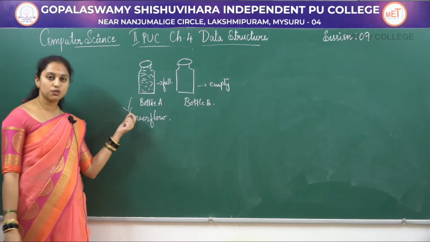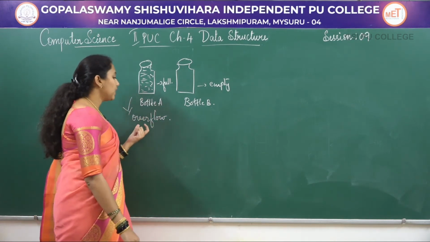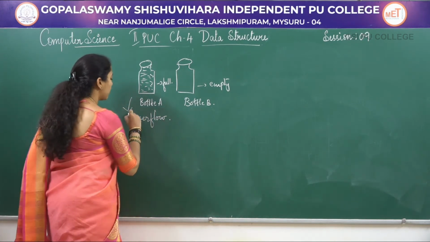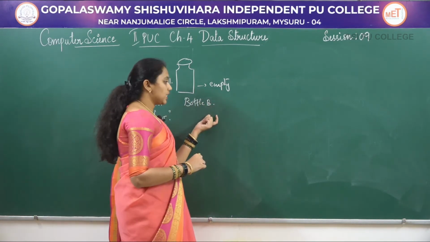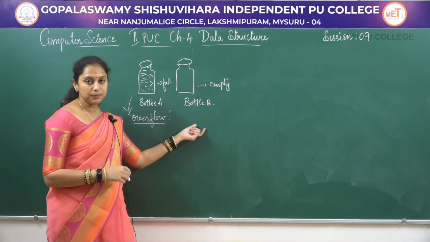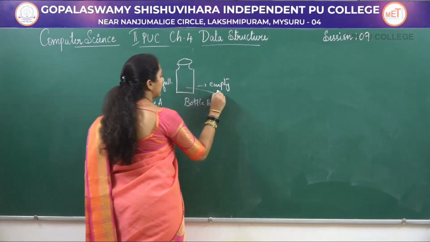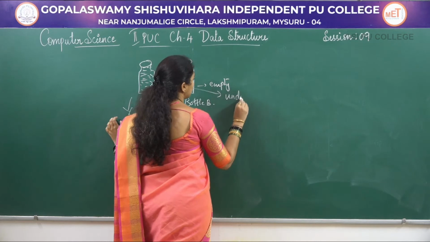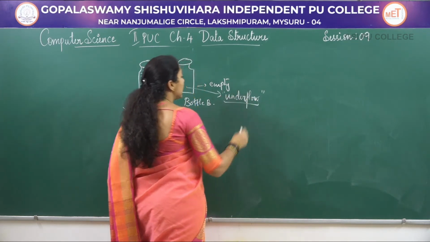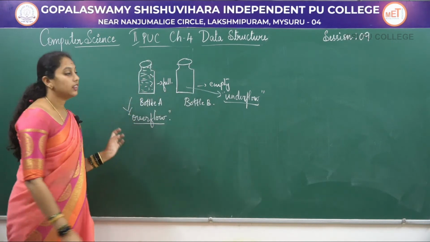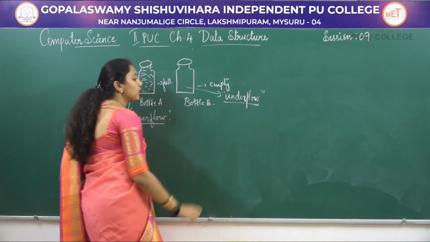If the stack is full, then the state of the stack is overflow. If in this case the bottle is empty, this is called underflow. If the stack is completely empty, then we call it underflow.